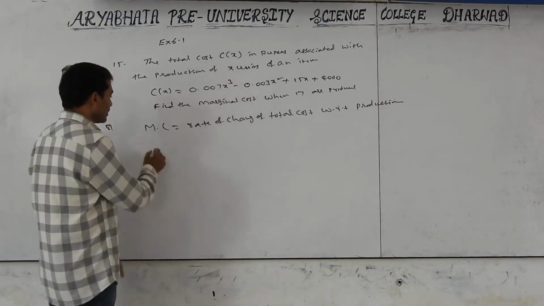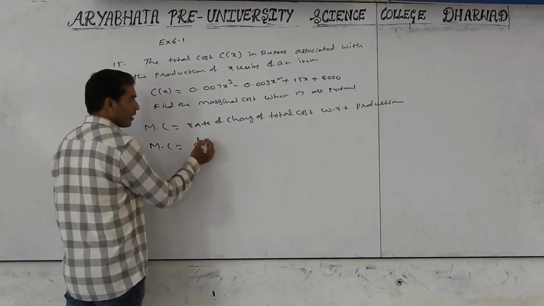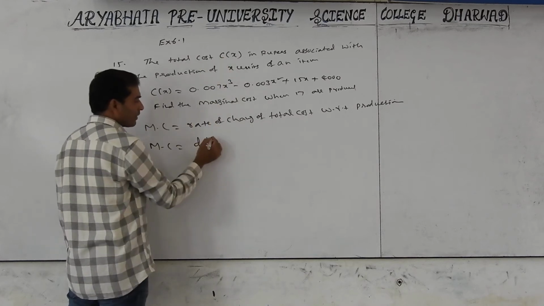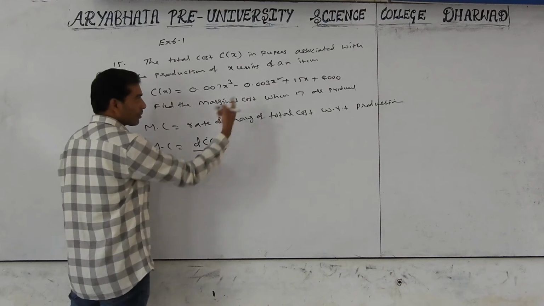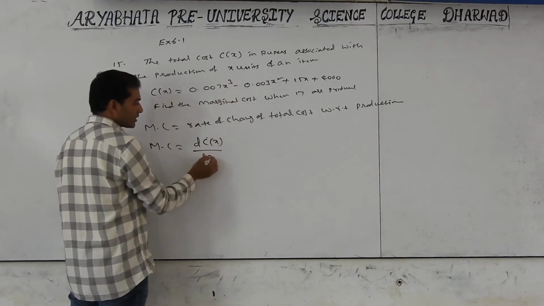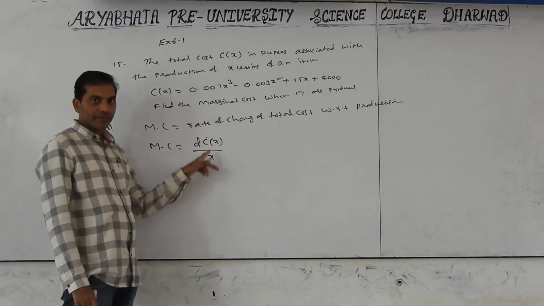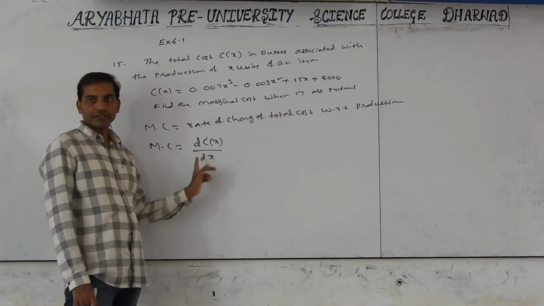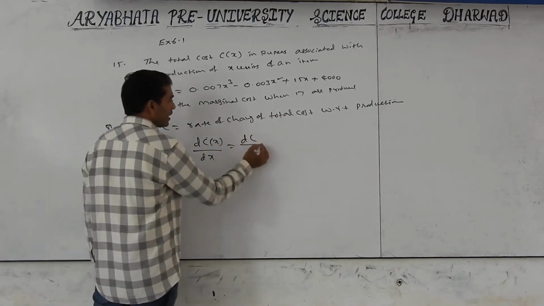So the marginal cost equals the rate of change of total cost, represented by C of x, with respect to production x: dC by dx. Like dy by dx, y is nothing but total cost and x means production. So marginal cost, short form, is dC by dx.